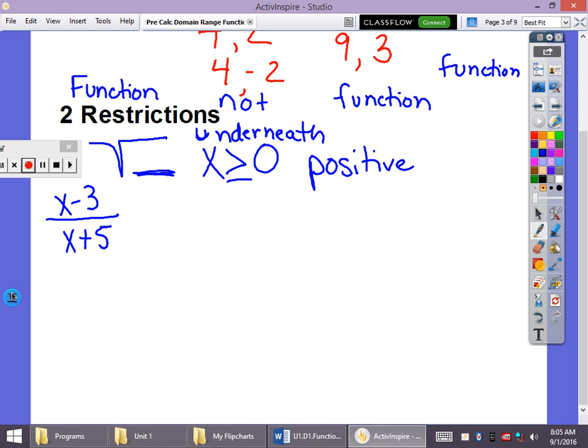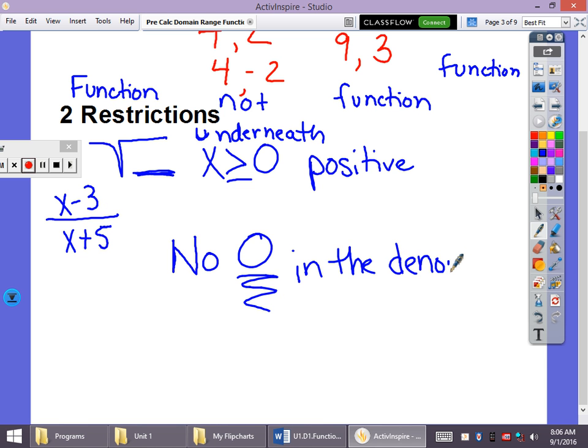It has something to do with a number. Where can't I have 0? No 0 in the denominator. So in this particular example, x could not be negative 5 because I can't have a 0 in the denominator. Okay? Good? All right, let's pause for a second.